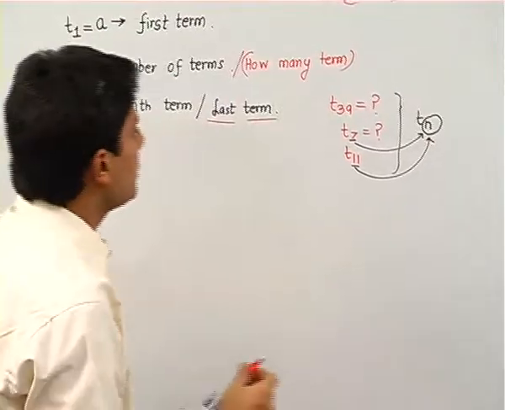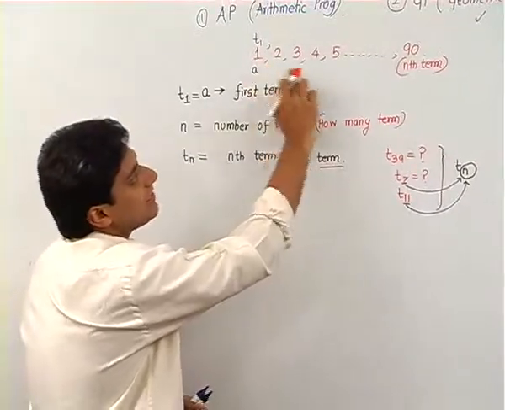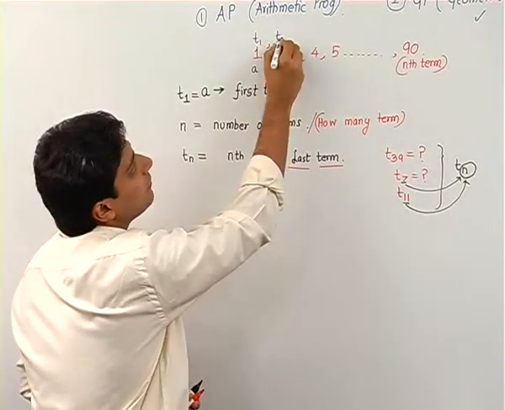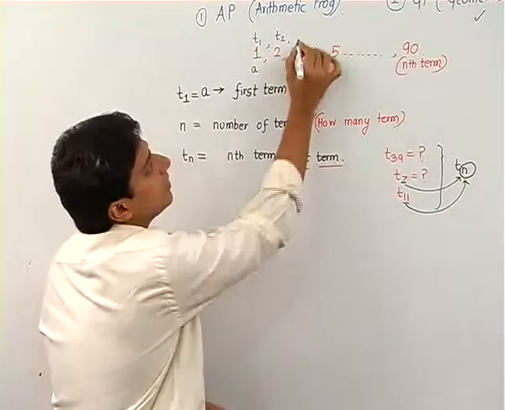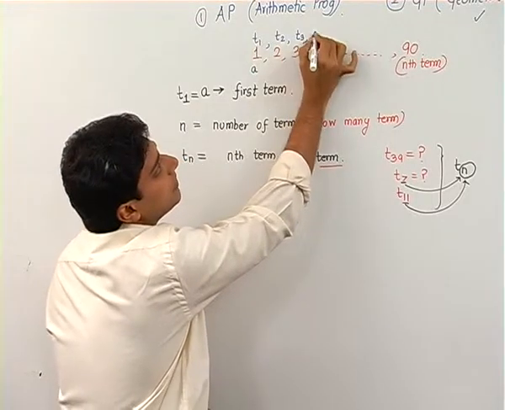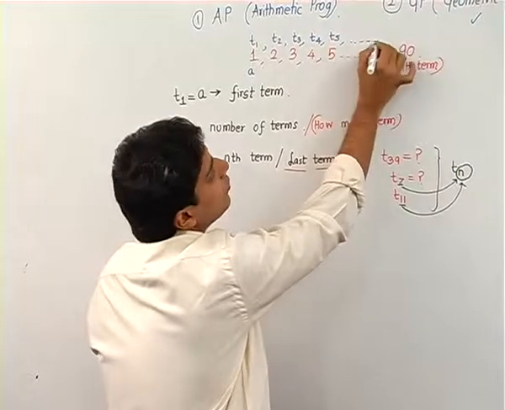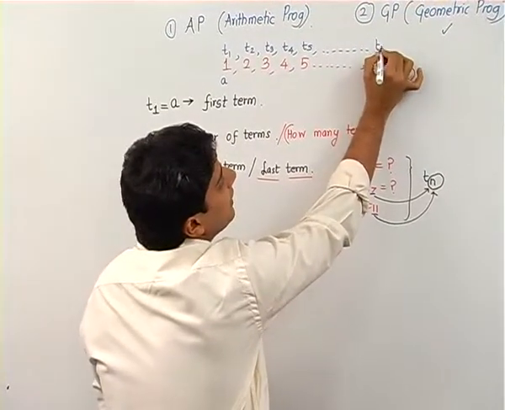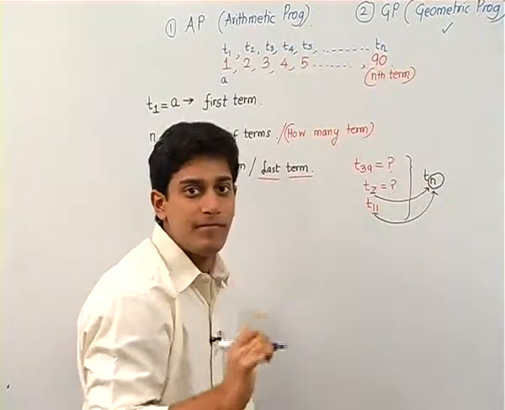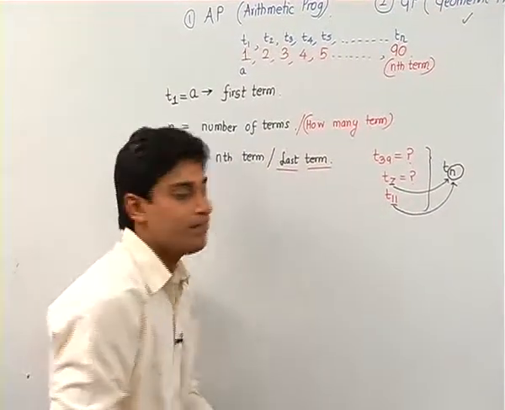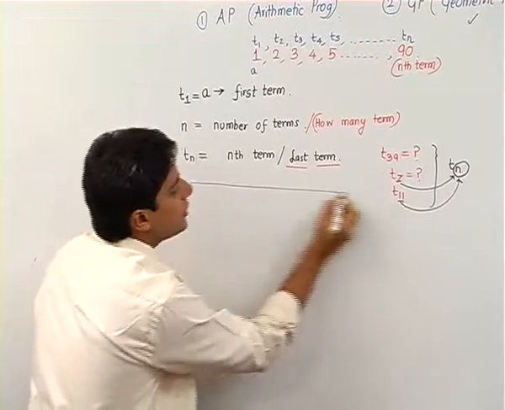After this concept, this is my sequence. The first is T1. The second is always the second term, T2. This will be your third term. This will be your fourth term, fifth term. It continues like this. And this will be your nth term. So in the sequence which I have given you, can you tell me what my values are?